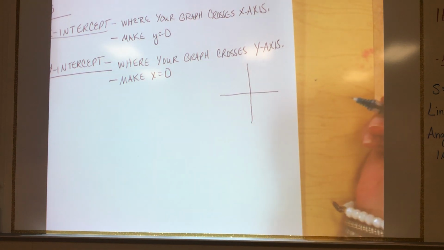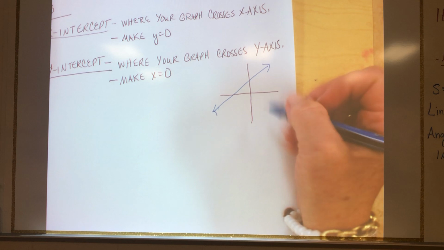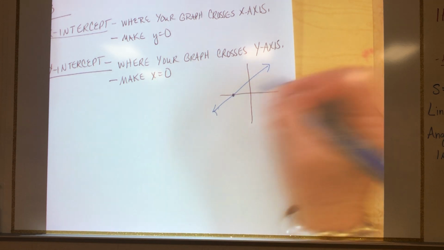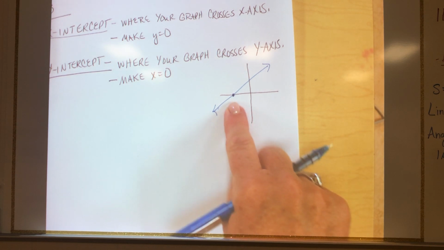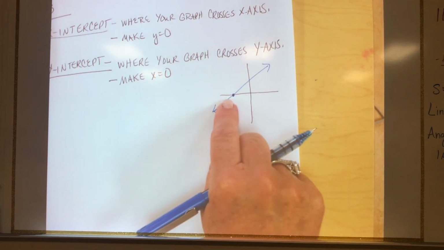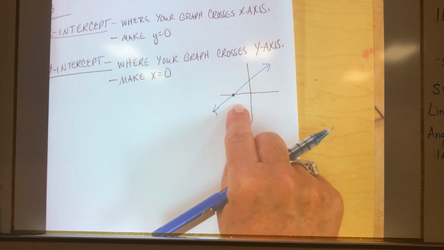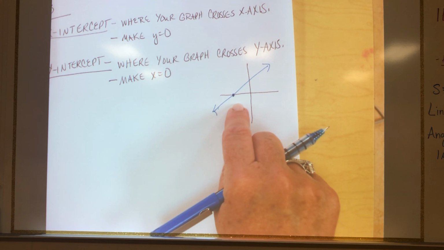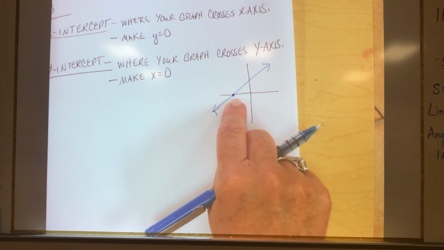So here's my coordinate plane, and this is my graph, all right? Do you agree that this is my x-intercept? Yes? Okay, in order for this point to be on the x-axis, which is what makes it an x-intercept, how many do you go up or down? None. That's why the y is 0, okay?